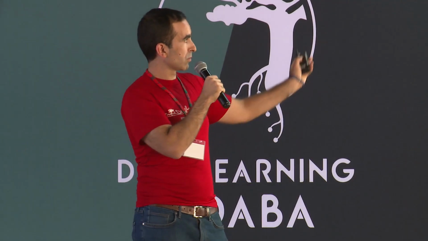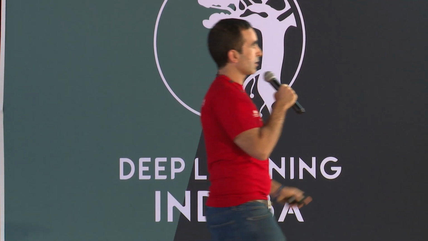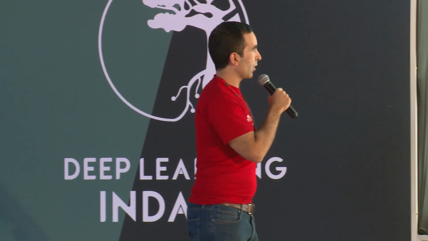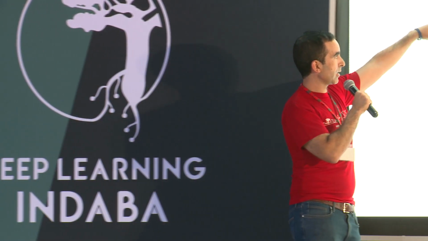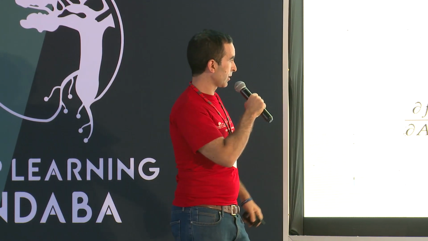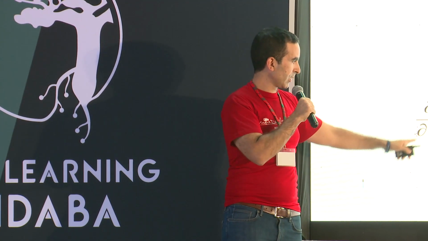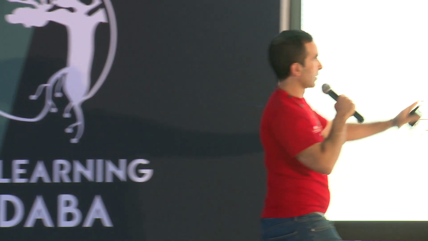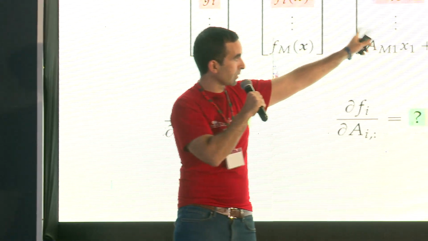If I do the calculation, this is literally y equals Ax, but I'm writing it down. So if I ask you, on the i-th row, what is the derivative of f_i with respect to a_iq? Remember, there's a_i1 x1, a_i2 x2, and so on.